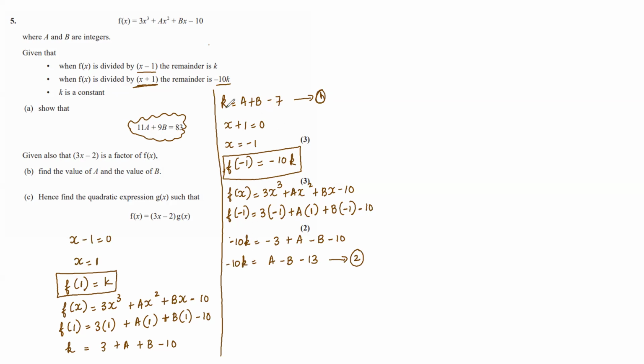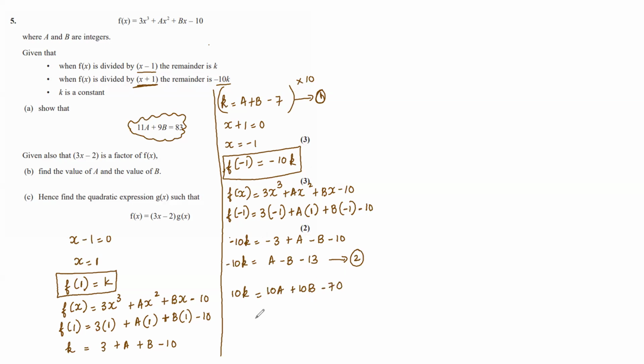So to make the coefficient of k the same, I can just multiply the first equation by 10. So this will become 10k is equal to a into 10 is 10a, b into 10 is 10b, minus 7 into 10 is minus 70.